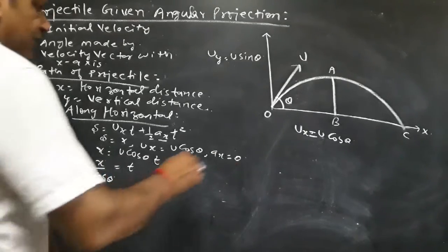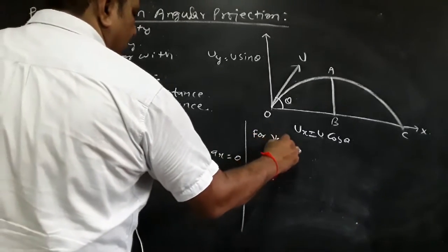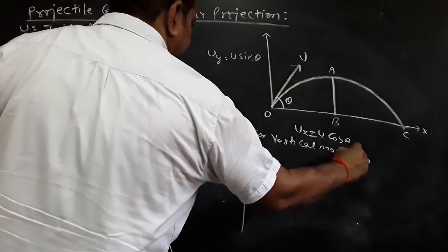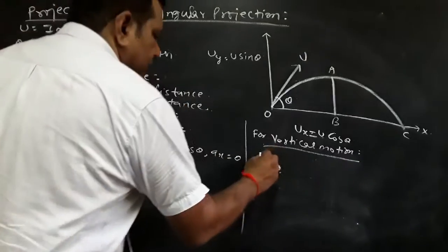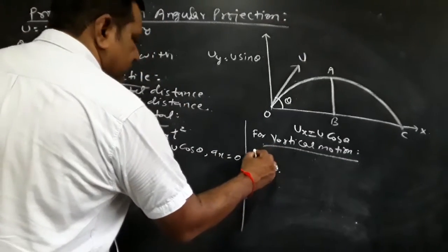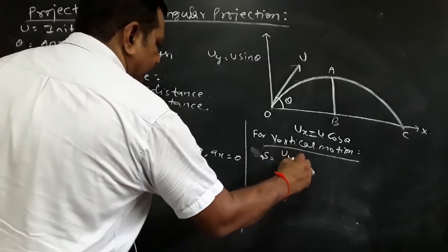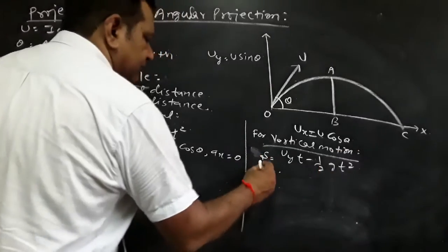Now we can find the vertical motion. For vertical motion, for the upward motion, second equation of motion, we can write here s is equal to ut minus half into gt square.